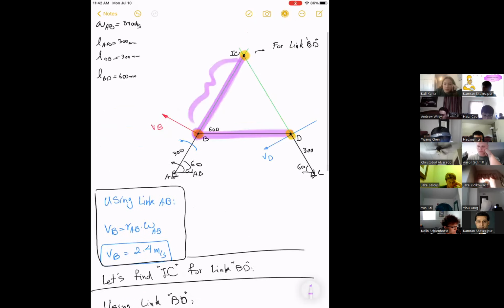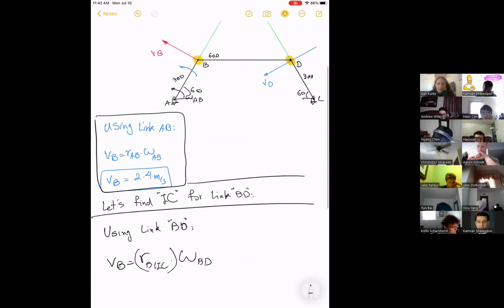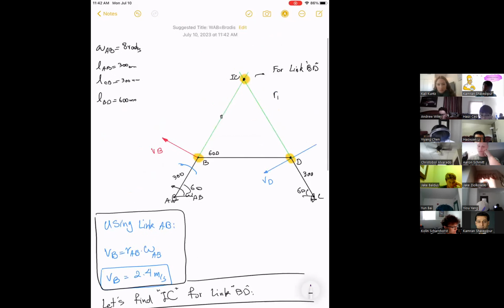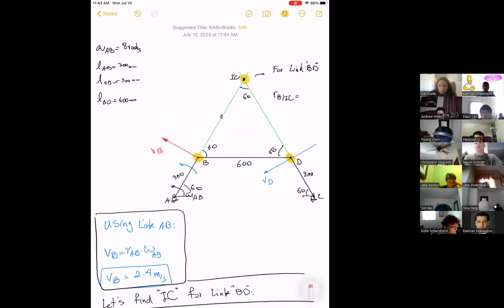How much is this length, by the way? I'm going to write it here. R_BIC. How much is it? Remember, these angles are 60, and this length is 600. Then how much is the length BIC? 600 as well.